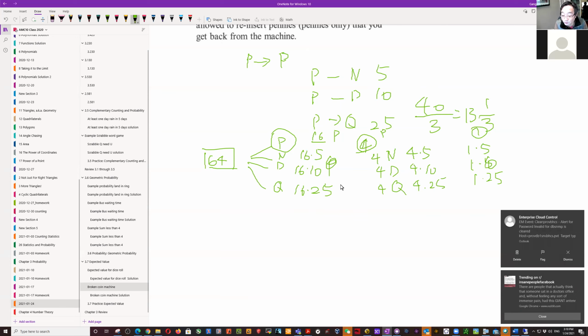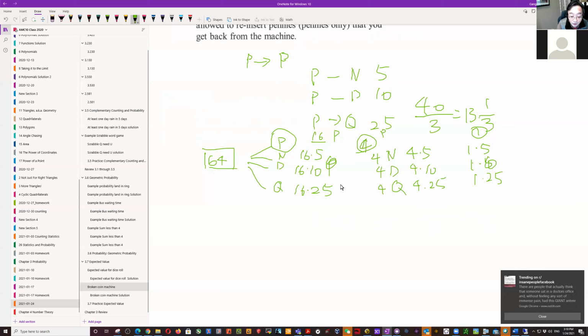Assume you can split your penny into 1/4 penny. Then it becomes a geometric sequence, based on how many nickels you are getting. The value of the nickel is 5 multiplied by 16 plus 4 plus 1 plus 1/4, and so on.